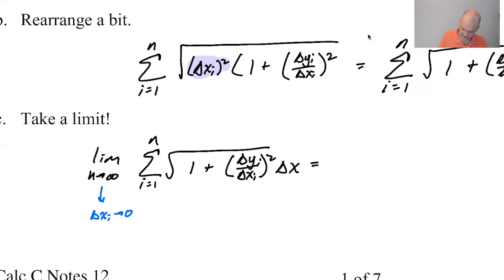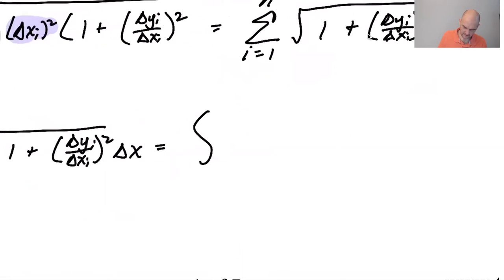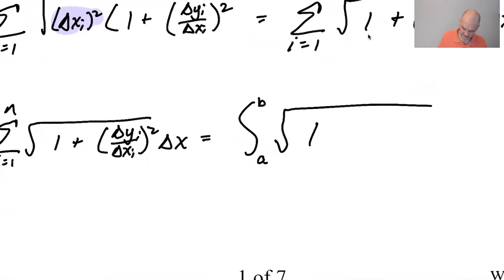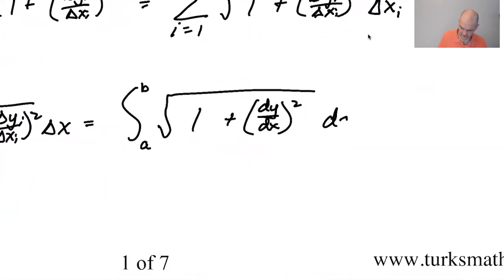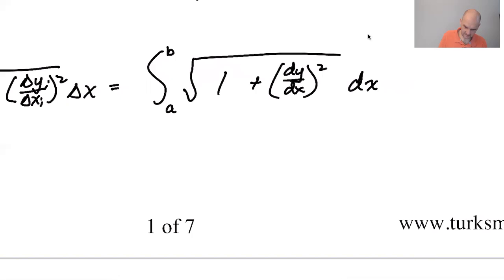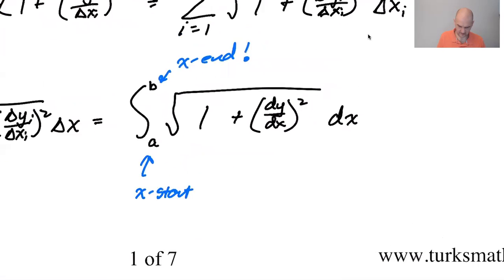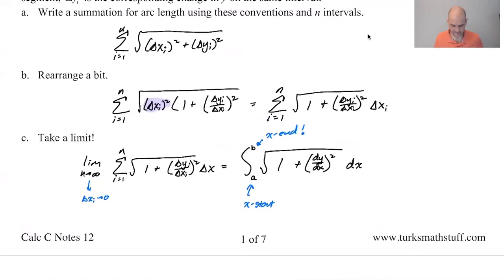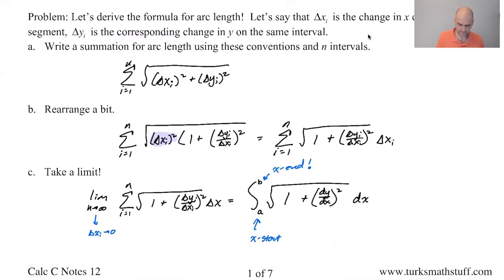Delta x becomes the integral from, let's say, a to b of the square root of 1 plus, well, if delta x goes to 0, delta y over delta x goes to dy dx, squared, and then our delta x becomes dx. Let's just notate that this is your x start, and this is your x end. And there you go. That's it. So this is the derivation of how we can find arc length.